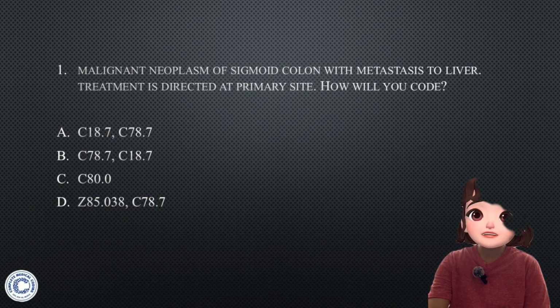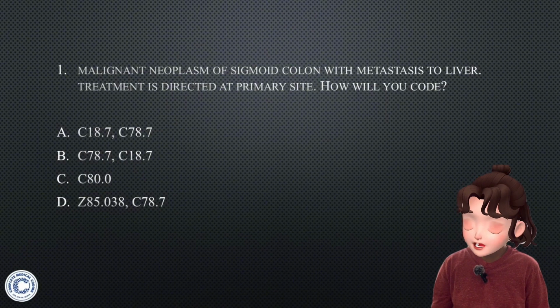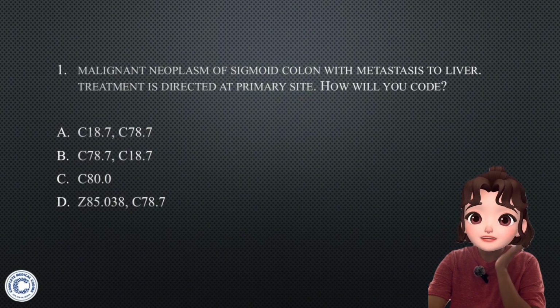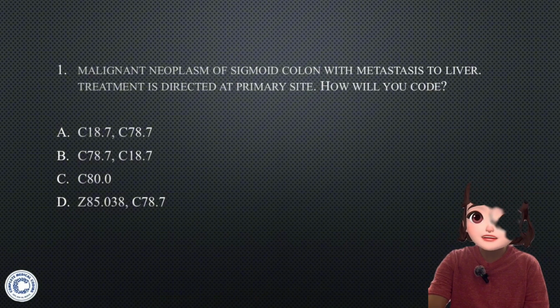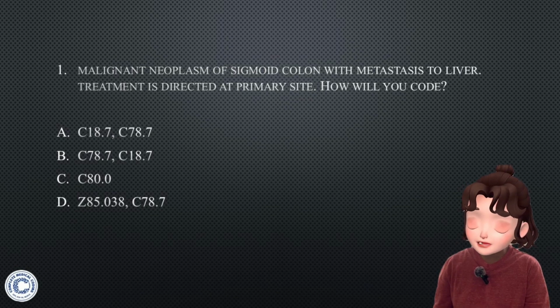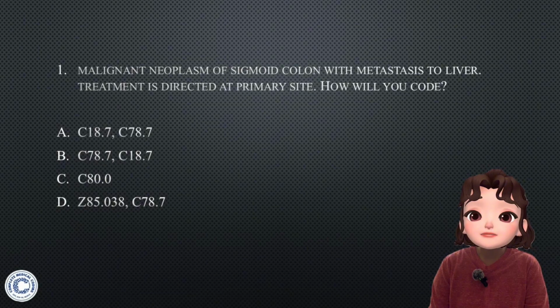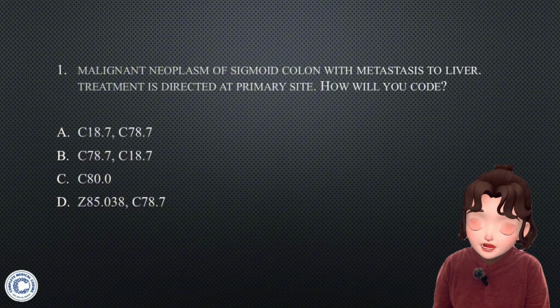So what is C18.7? C18.7 is malignant neoplasm of sigmoid colon, the same as what we need, the primary site, which is sigmoid colon. And what is C78.7? The second diagnosis in the same option.